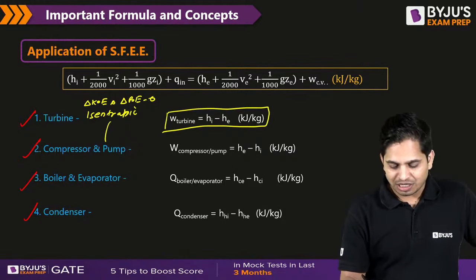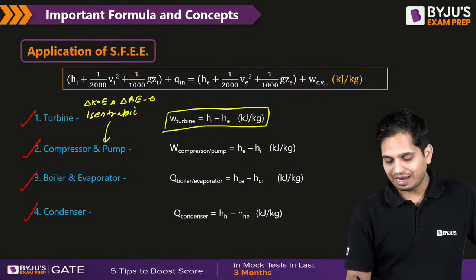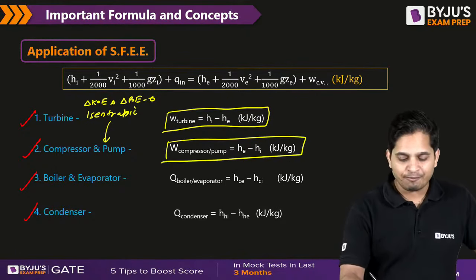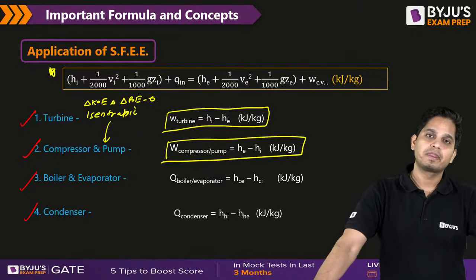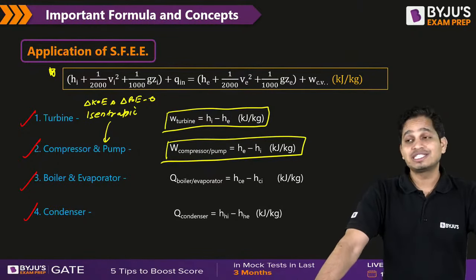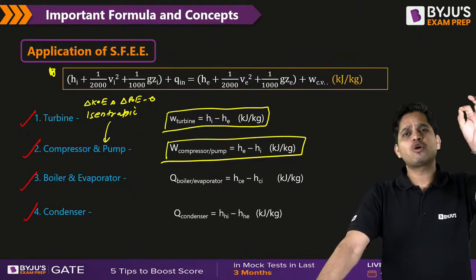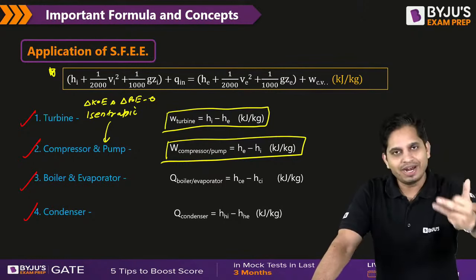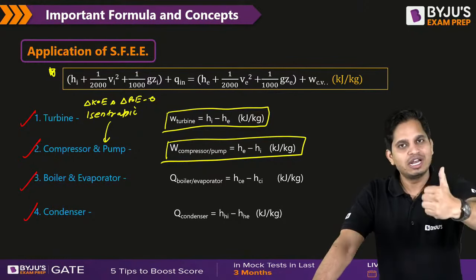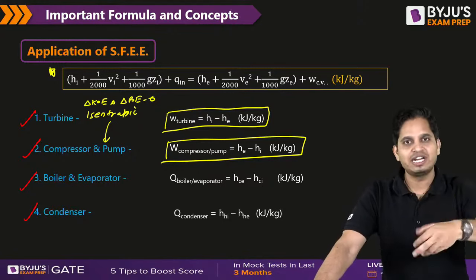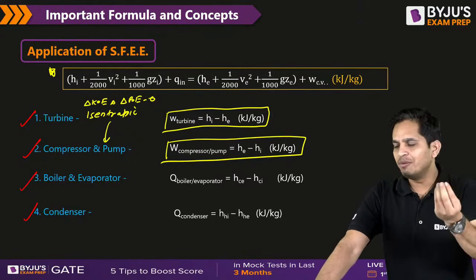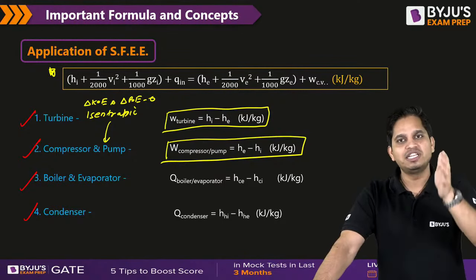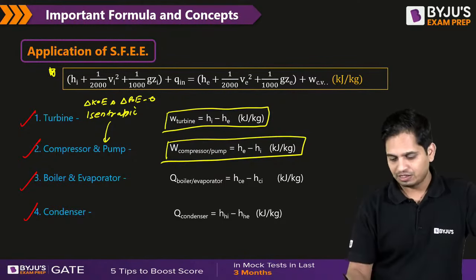The same assumptions I'll apply for a compressor, and I'll get this equation. All these equations will come from this equation only. So whenever you see a question on turbine, compressor, boiler, evaporator, condenser, nozzle, diffuser, heat exchanger, throttling valve, all will be solved by using the steady flow energy equation.